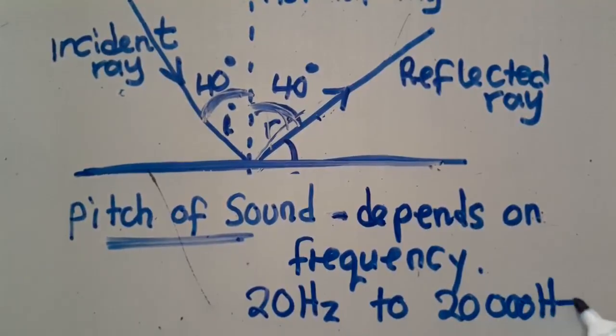The audible frequency range of a person is from 20 Hz to 20,000 Hz. This is the audible frequency range of every person. You get to hear sound within this range. Anything above this can blow your ears, and below this range you can't get any sound. So this is the audible frequency range that you need to know and understand.